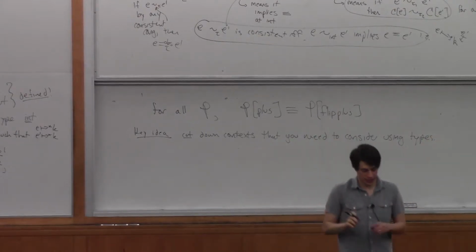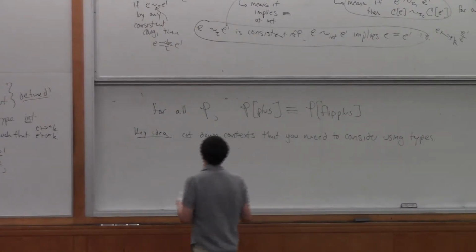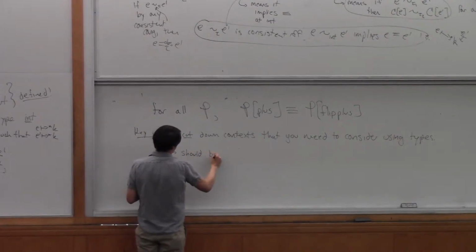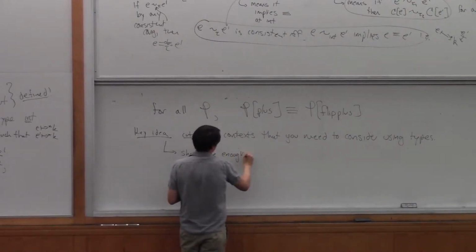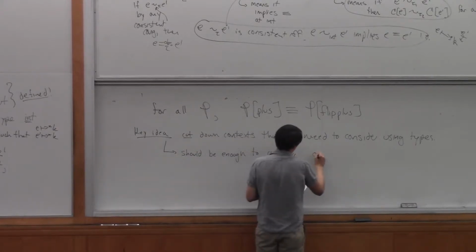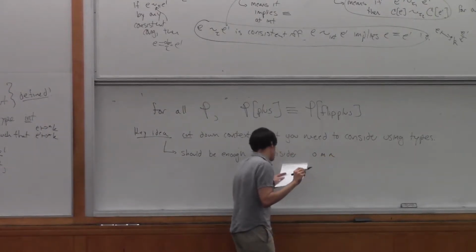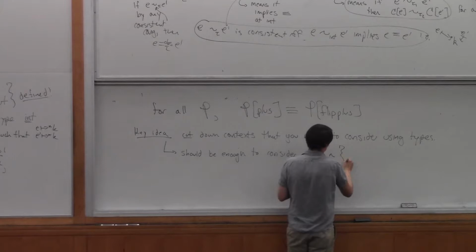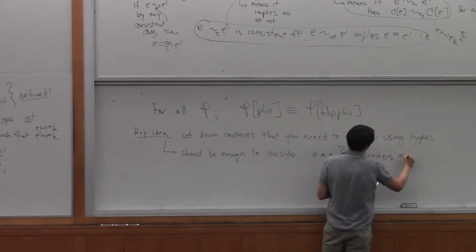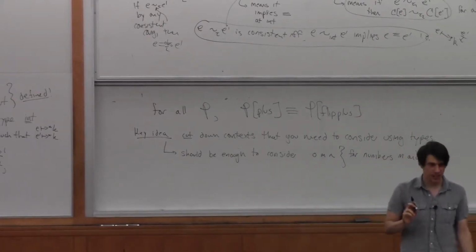In particular, it should be enough to consider contexts of the form whole applied to M and applied to N for numbers M and N. Does that make sense intuitively?